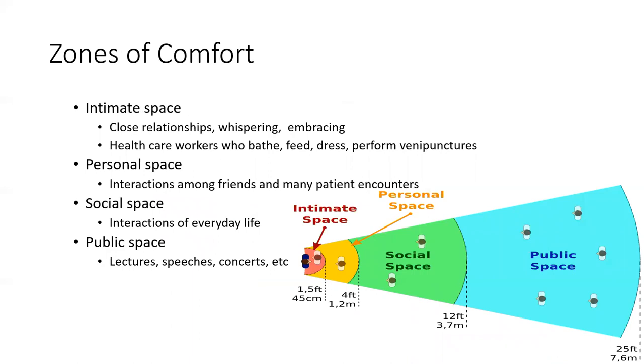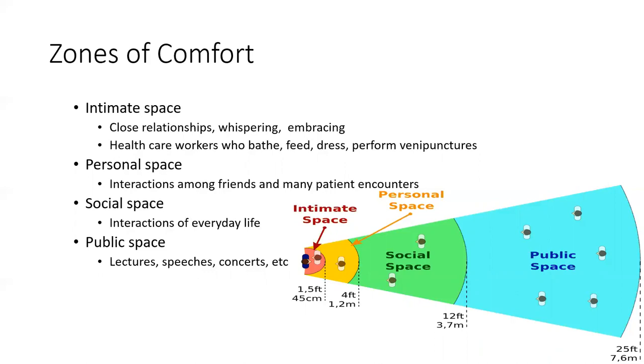When communicating with people, you want to keep in mind there are zones of comfort for people. You have your intimate space, which is space shared within close relationships. This is a distance such as when you're whispering to someone, embracing. You're in someone's intimate space when you're performing venipunctures, okay? Or for people who are engaged in helping to bathe, feed, or dress patients.